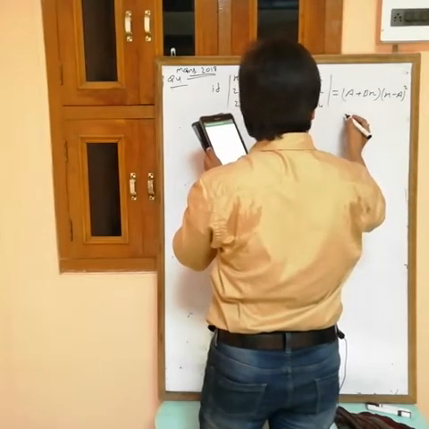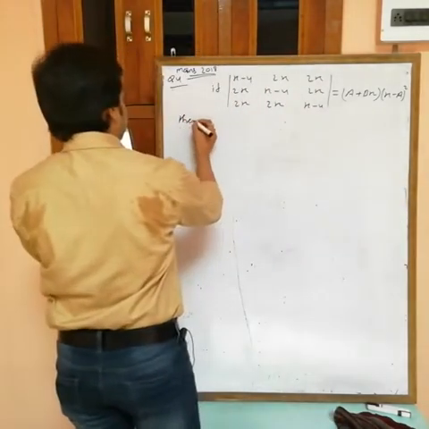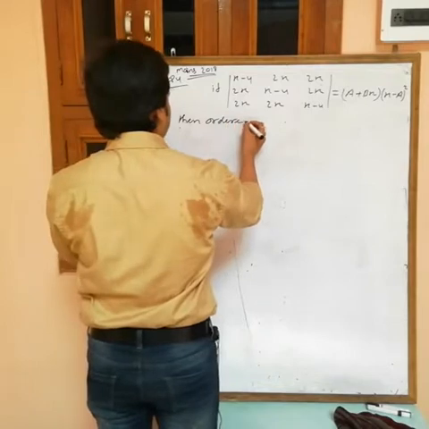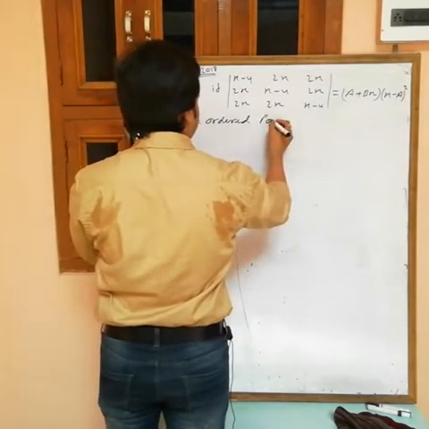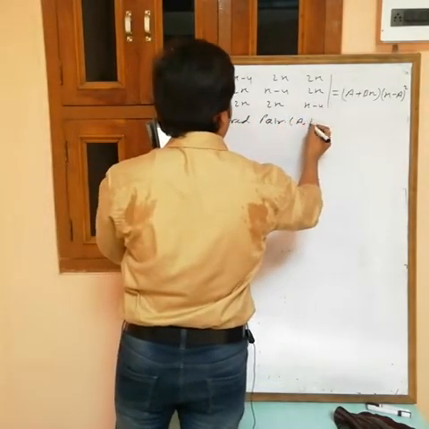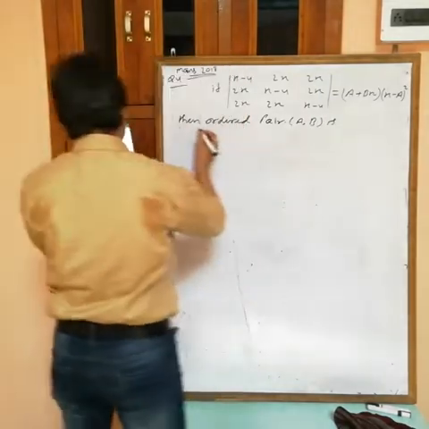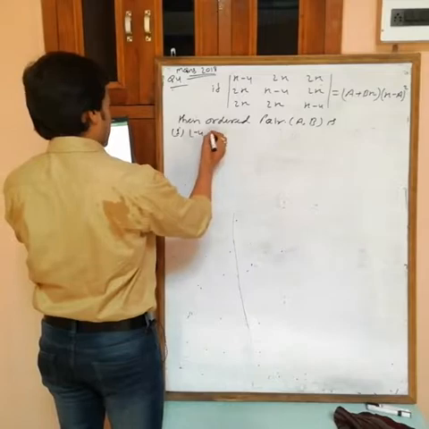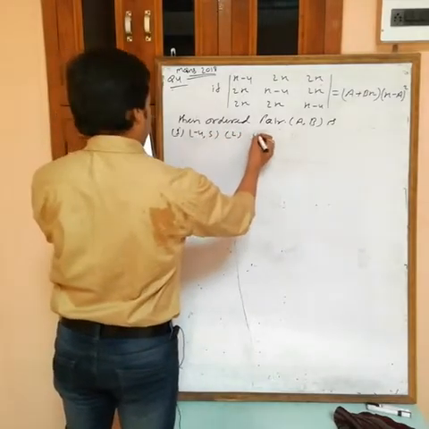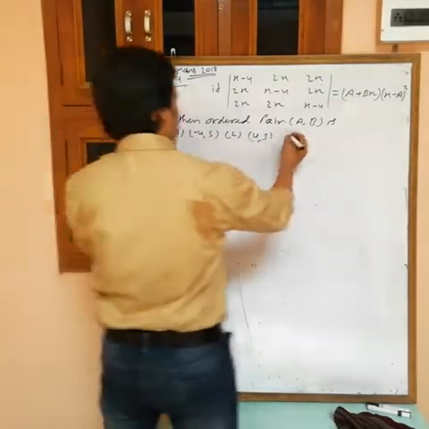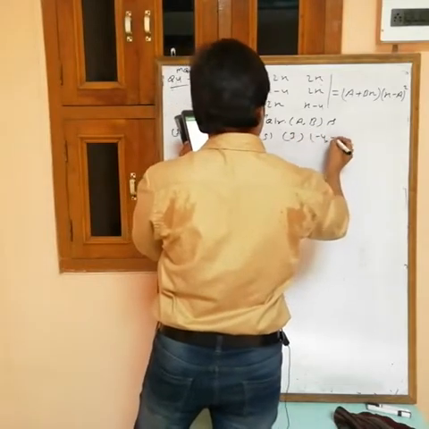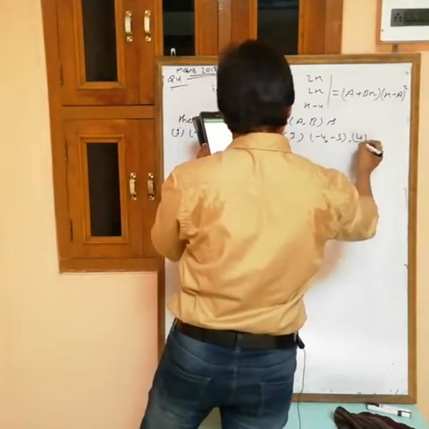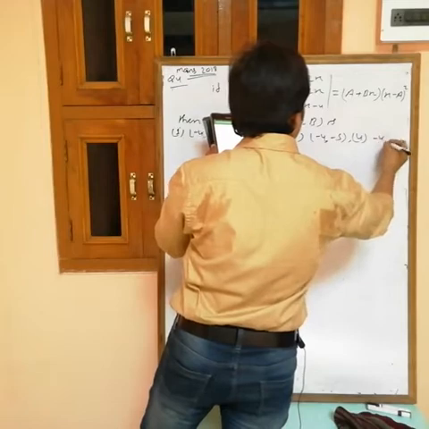Then the ordered pair (a, b) is: options given are first, minus 4 comma 5; second, 4 comma 5; third, minus 4 comma minus 5; and fourth, minus 4 comma 3.